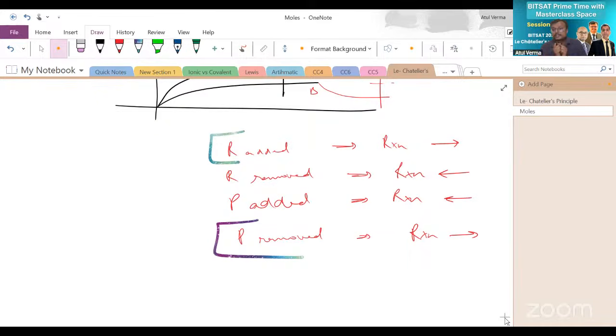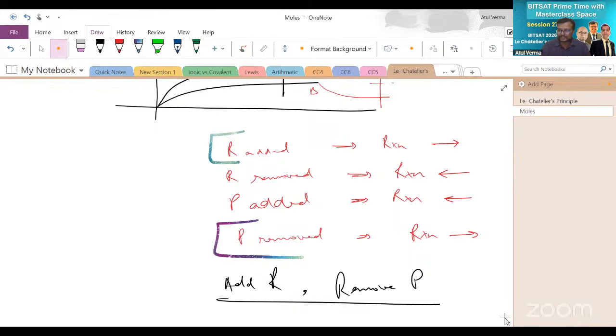Instead, it is about extent of reaction. So if you want the reaction to happen to a good extent, you will continuously add reactant and remove product. So friends, this is what happens with respect to concentration.